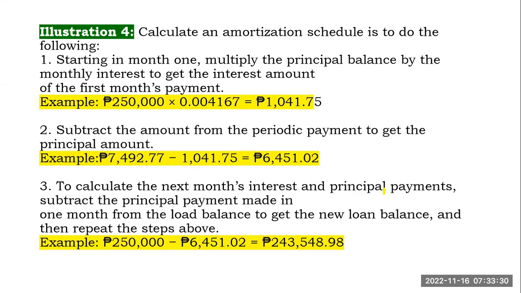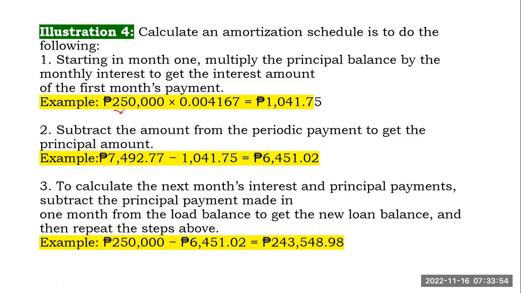You can put period 0. Ibig sabihin, wala pa namang interest doon. And the outstanding balance is 250,000. So, for the period 1, the first month, okay, so your loan is 250,000. That's the original amount.